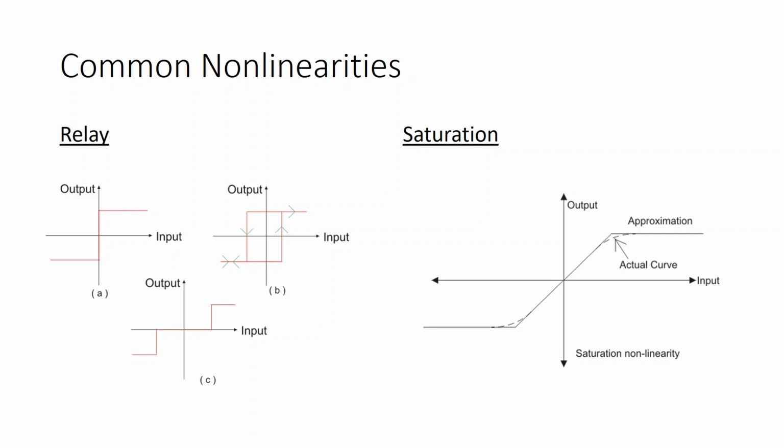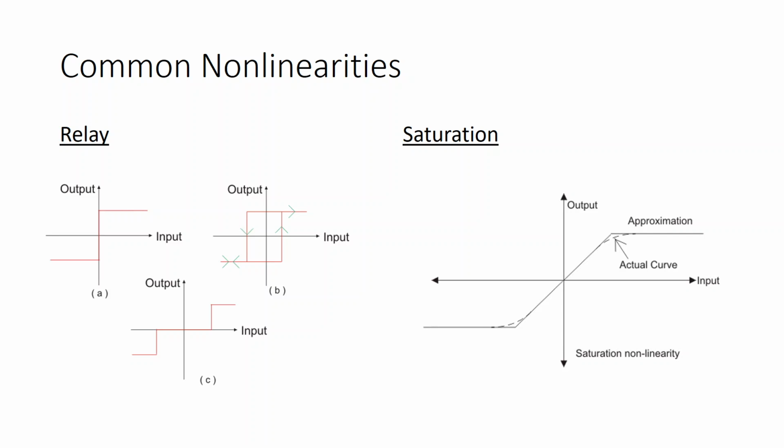We look at some common nonlinearities just to appreciate how common they are. Nonlinearities are very common in practical systems. They are there in the systems. A very common nonlinearity is the relay nonlinearity. There are lots of switches and relays in any system. So what is the relay nonlinearity?